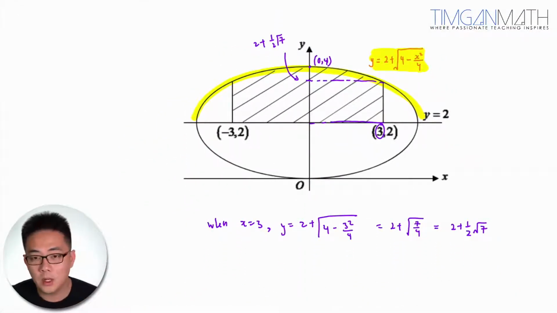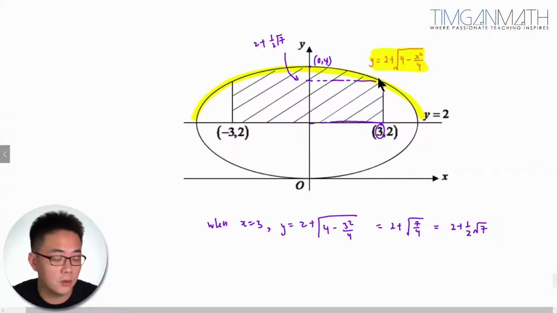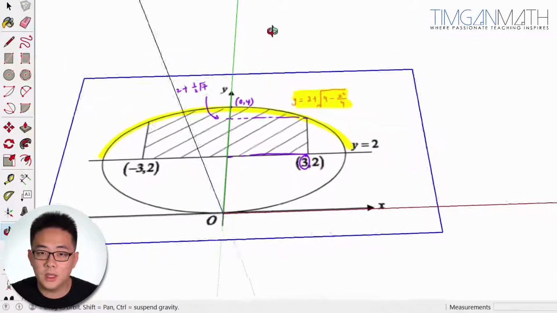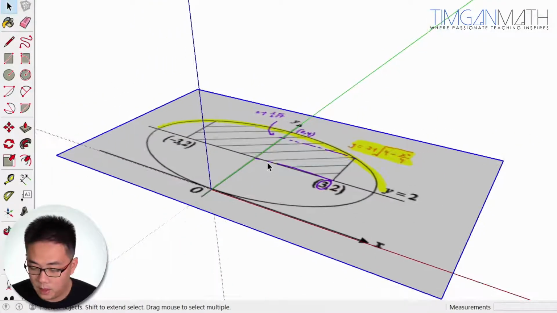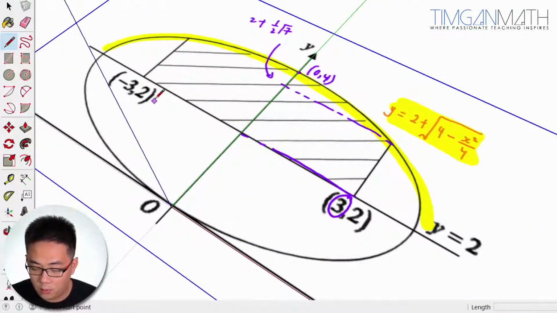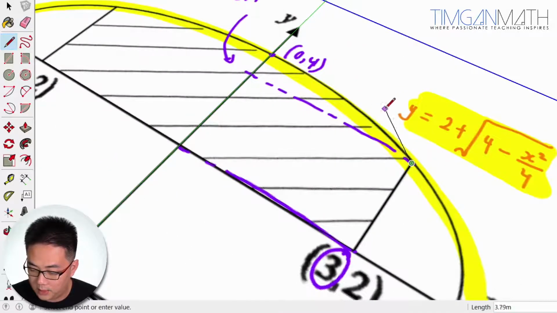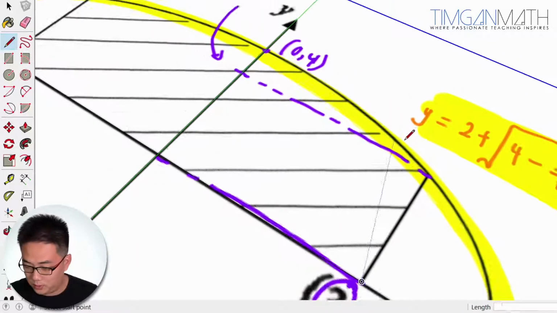I'm going to try and model this up for you so that you can visualize it. You can see that I just plotted this into SketchUp. What I'm going to do is just model this side here, to show what I meant about rotating 180 degrees.